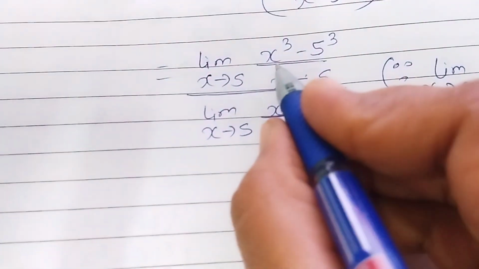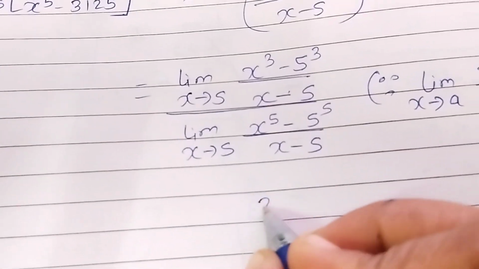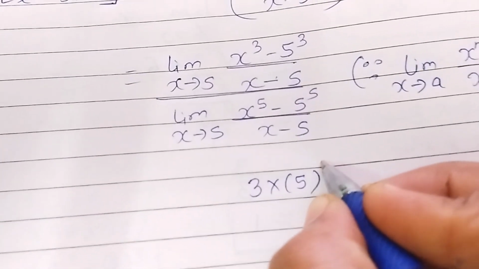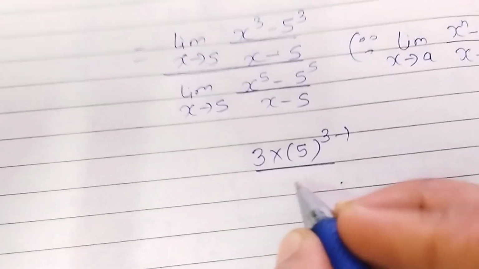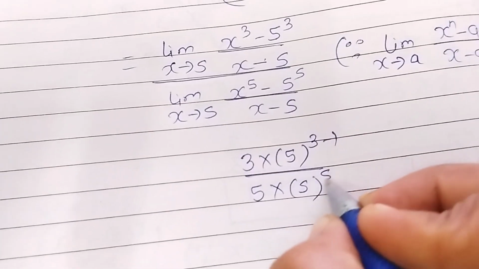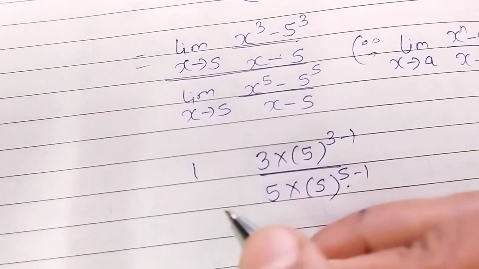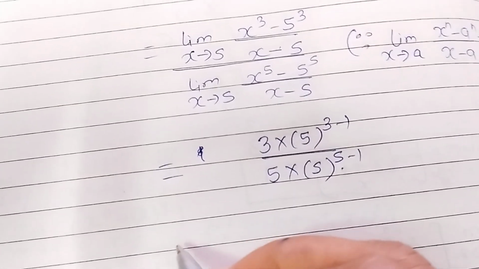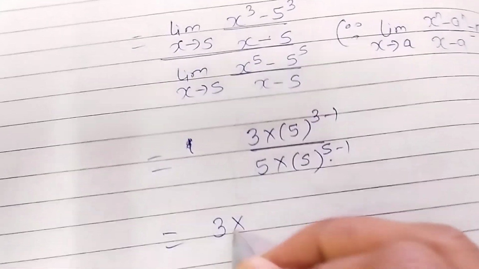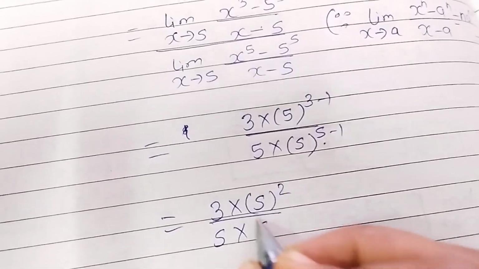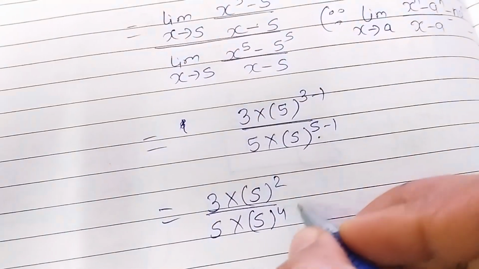Now so n a, 3 into 5 raised to 3 minus 1 and upon 5 into 5 raised to 5 minus 1. Now limit हमने अप्लाई किए, is equal to 3 get multiply 5 and power of 2, 5 get multiply 5 power of 4, 5 minus 1 is 4 and 3 minus 1 is equal to 2.